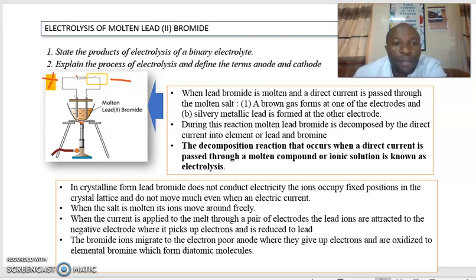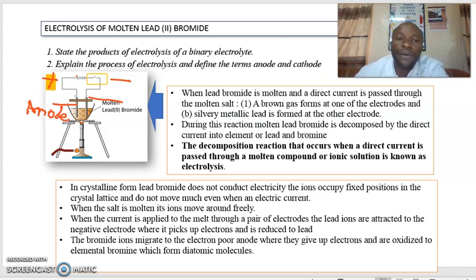Now the positive terminal is attached to an electrode, and this electrode we are going to refer to as an anode. So the anode is the positive electrode. And of course, on the other side, we have the negative terminal.